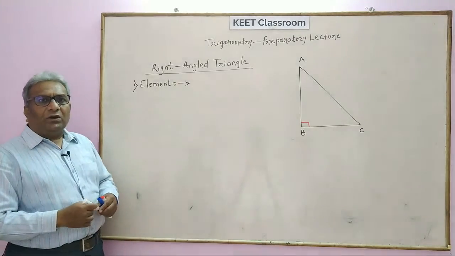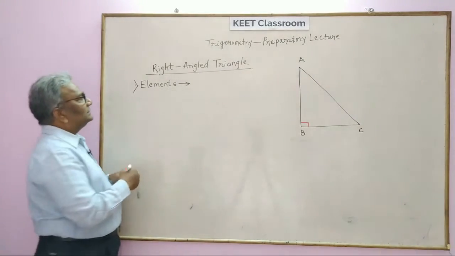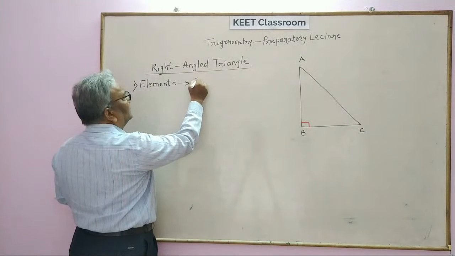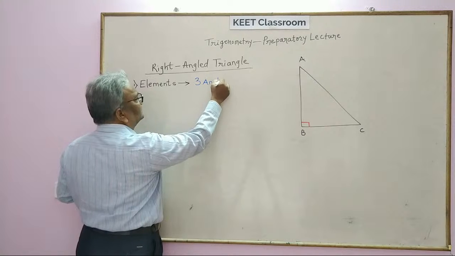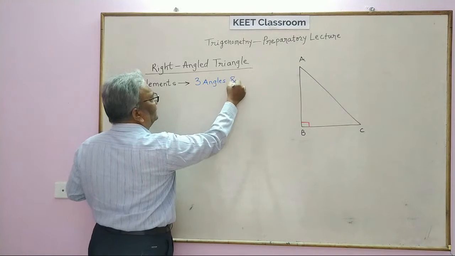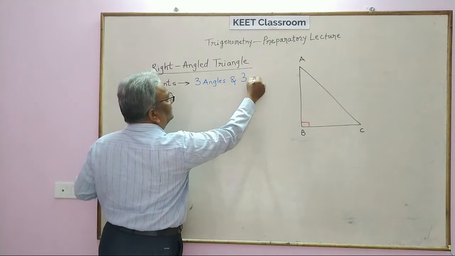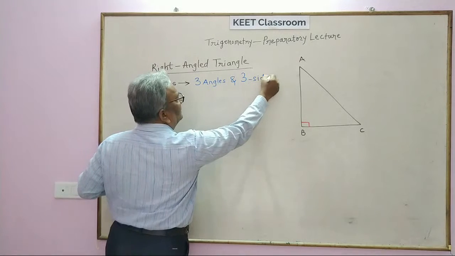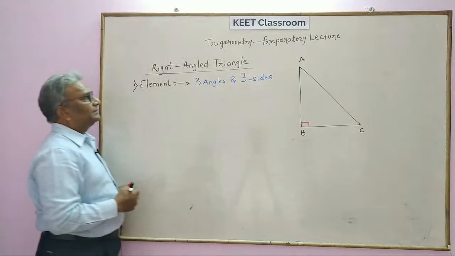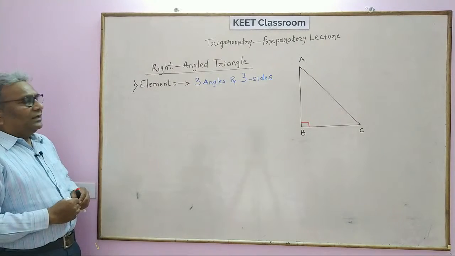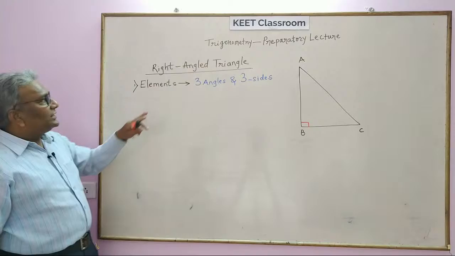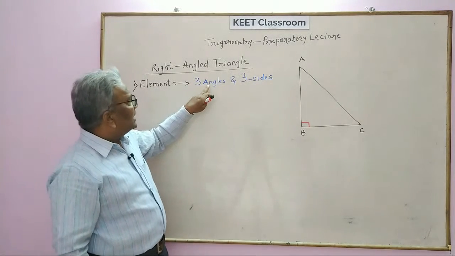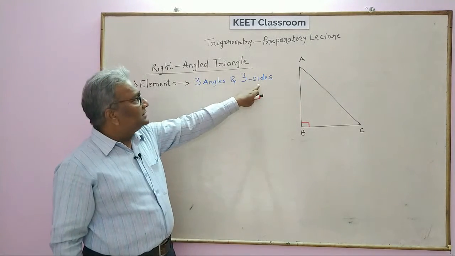So the elements of the right angle triangle are three angles and three sides. In the second part, we shall study what is the relation between this angle and the sides.